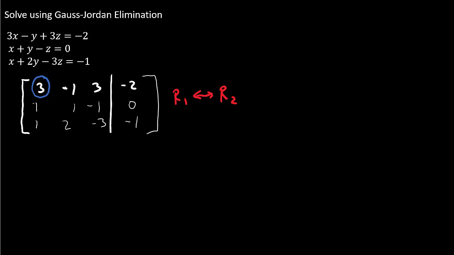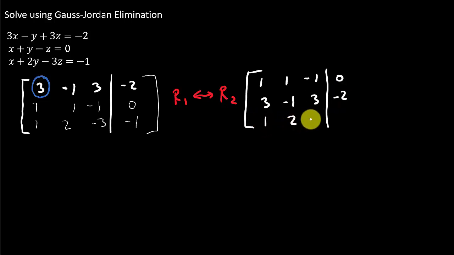So that will give us 1, 1, -1, 0, and that'll give us 3, -1, 3, -2, and then 1, 2, -3, -1. Okay.